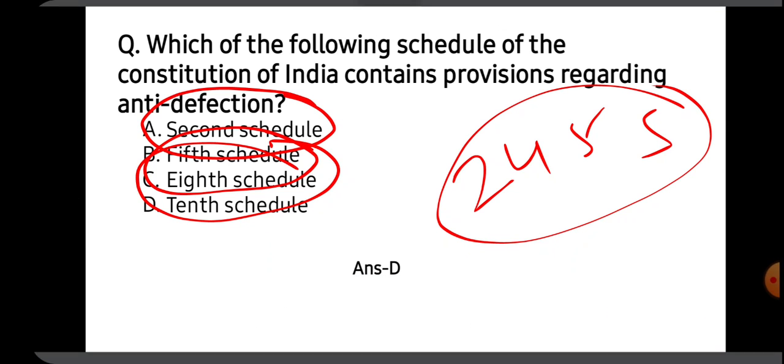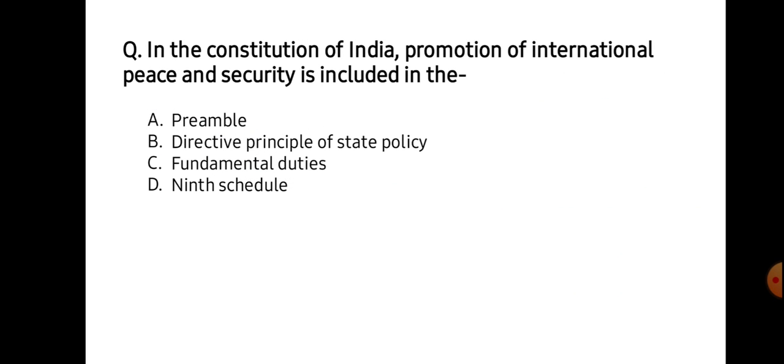Now move to the next one. In the Constitution of India, promotion of international peace and security is included in the, so the correct option will be B, that means directive principle of state policy.